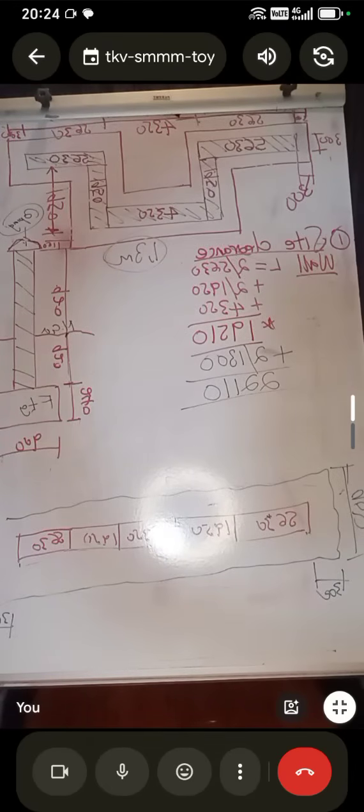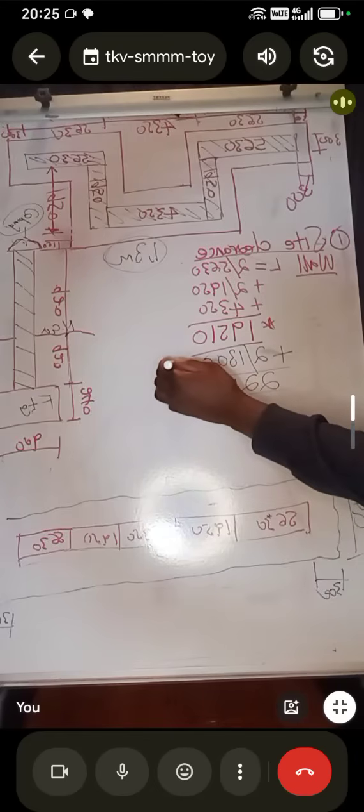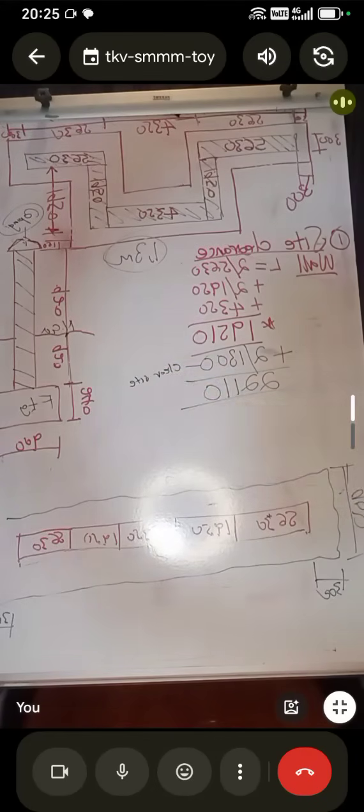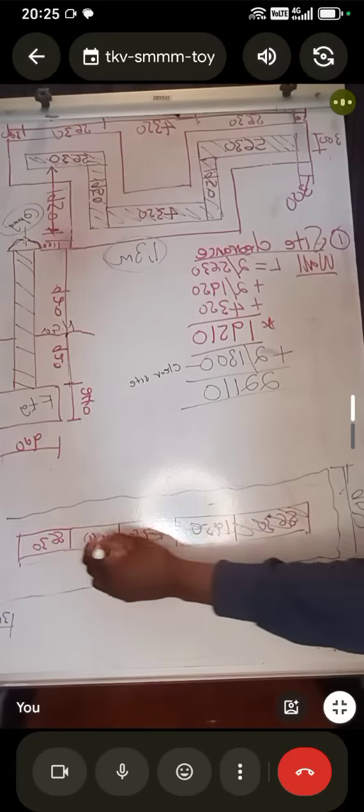After we calculated the length and everything, we got the 19,510. I'm asking why are we adding the 1.3 meter? This is a side clearance. Clear the side. All the specification says we must clean the side. Remember, this is a brick wall.